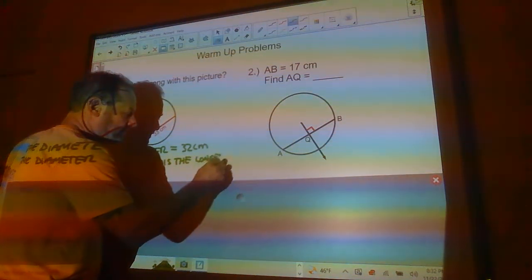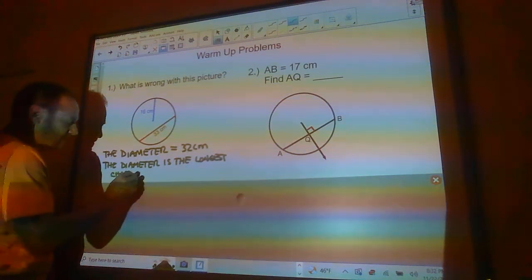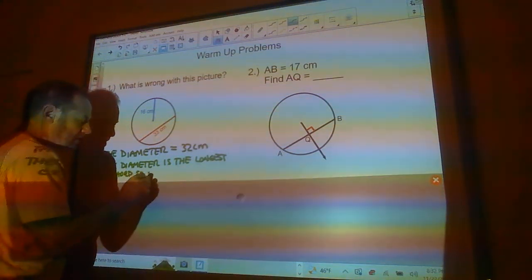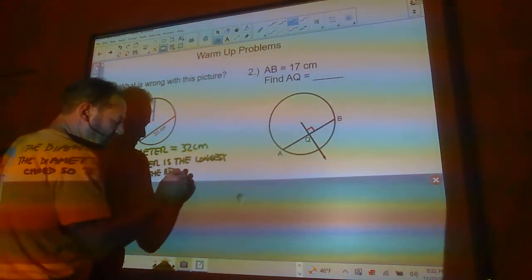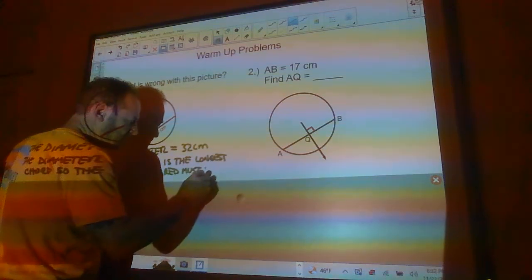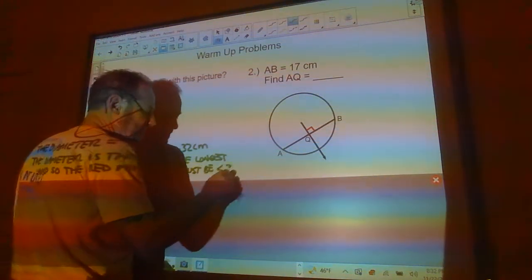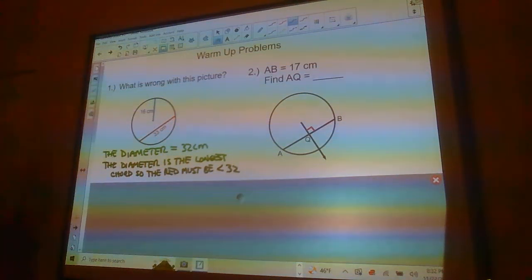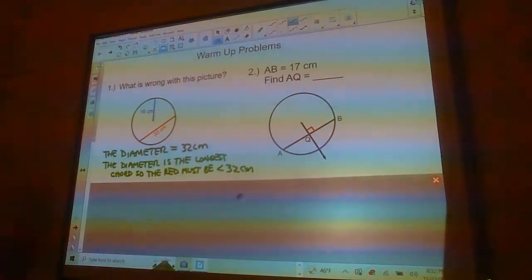Every time. So the red chord must be less than 32. Okay, 32 centimeters. So hopefully you got that one.